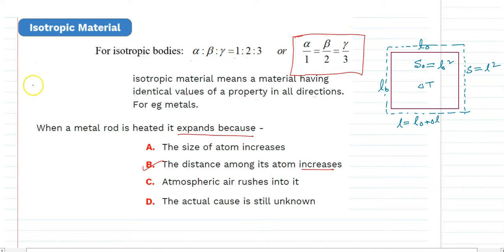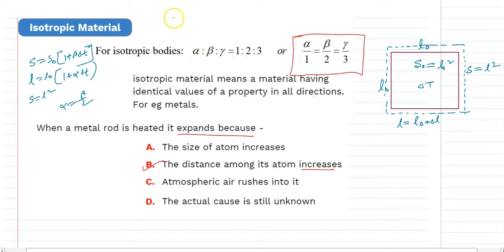Then S will be S0 into 1 plus beta delta T, and also L equals L0 into 1 plus alpha delta T. From these two equations, and also S equals L square, just use this formula and you can get alpha equals beta by 2.